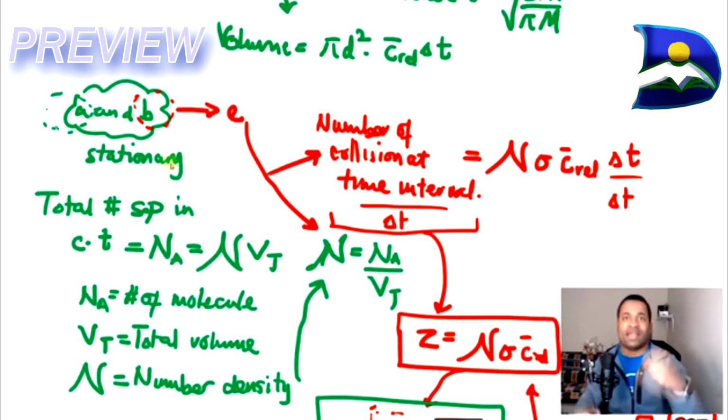That means that the particles are stationary in that particular tube, and we looked at how that one particle moving at that particular speed will collide with other particles.